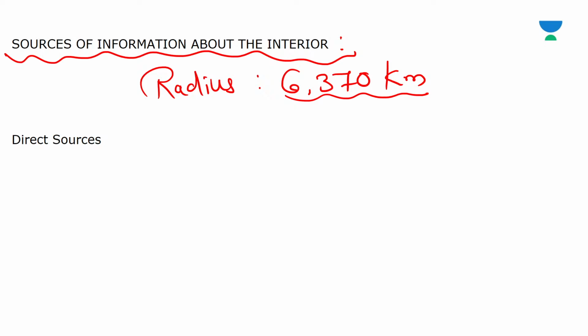Most of our knowledge about the interior of the Earth is largely based on estimates and inferences, yet a part of the information is obtained through direct observations and analysis of materials. So, there are direct sources.